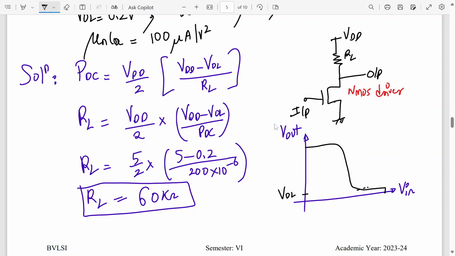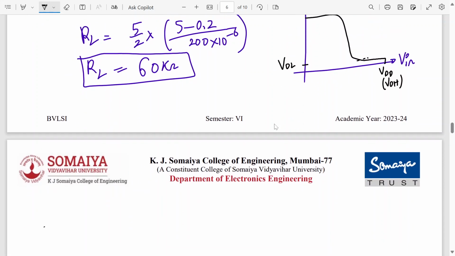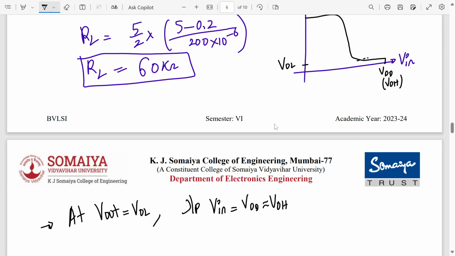When that happens, the input is almost equal to VDD or VOH, agree or no? Yes. So we can say at Vout equal to VOL, input Vin is equal to VDD or VOH.